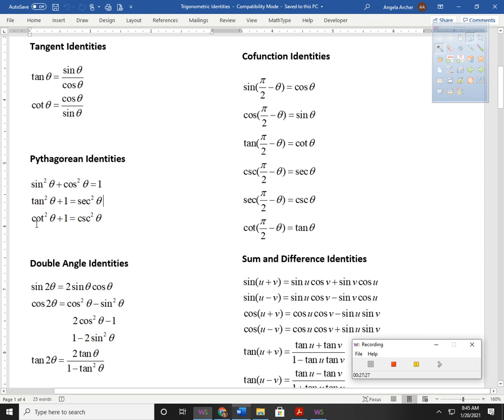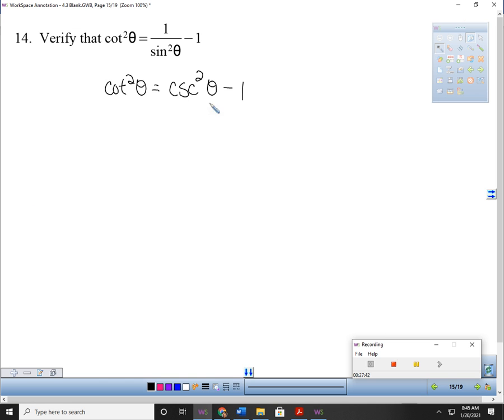That also has a cotangent, right? It's the same one. So when I subtract that 1 right here, cosecant squared theta minus 1, that's the same thing as cotangent squared theta. So I can take out the cosecant squared theta minus 1 and replace it with cotangent squared theta. And then I have shown that they are equivalent.